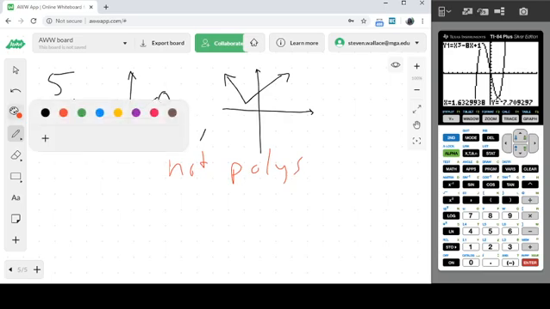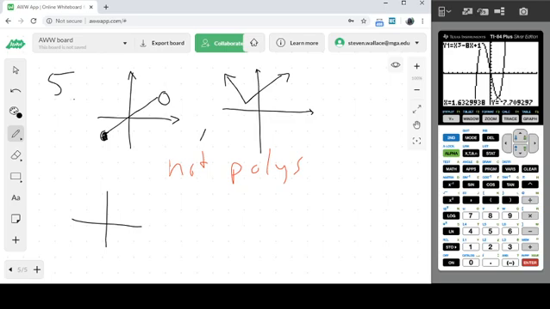But these are polynomials, perhaps. So got a really squiggly graph, but it's smooth, right? To draw the whole graph, I don't take my finger off the computer here, and I don't make any sharp turns.